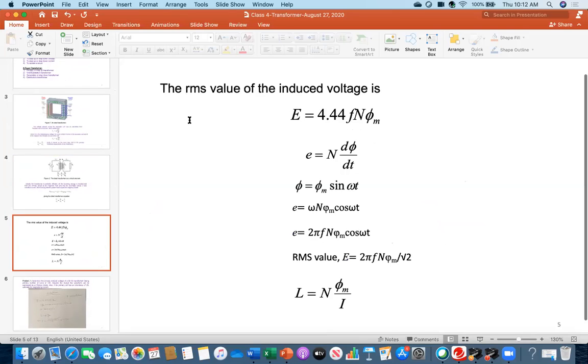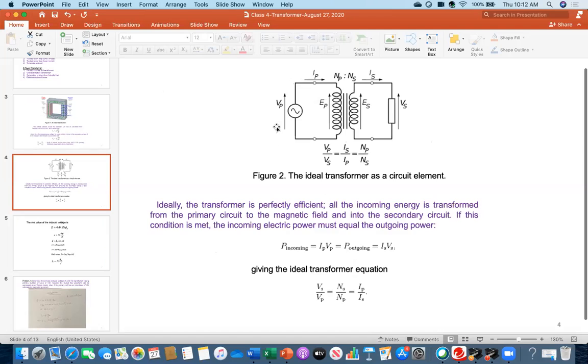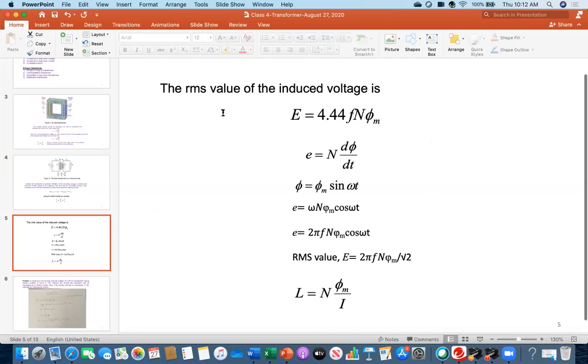You see what I have written here? The RMS value of the induced voltage. So this means we said that once we apply the voltage, it will induce voltage here, or in the secondary circuit, voltage will be induced. What is the RMS value of that? So this is the amount. E, this is the RMS amount, 4.44 f N phi m.